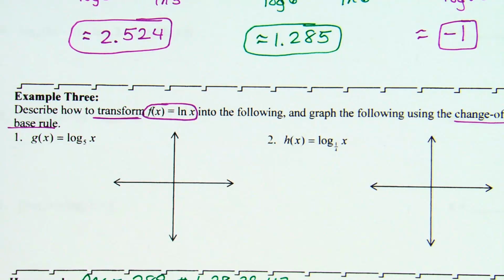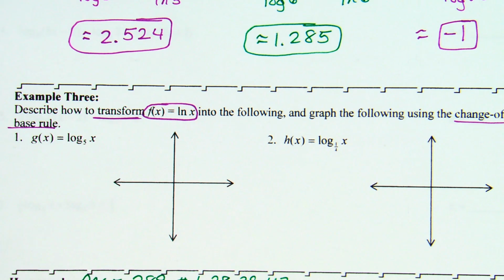So as you look at number 1, g of x equals log base 5 of x. Technically I cannot take my calculator and hit log base 5 of x to graph it, can I? So how can my change of base formula work here?